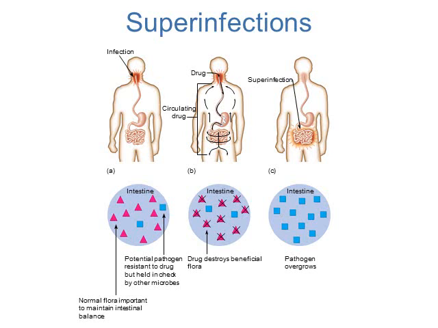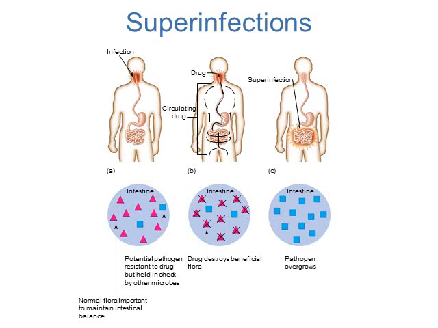So here, for example, is a super infection. So this person on the left, they have an infection in their throat, so they have a sore throat. In their intestine, they have normal flora, which are the pink triangles, and the potential pathogen, which are the blue squares. They take a drug for the infection in their throat, but that drug circulates through their whole body.